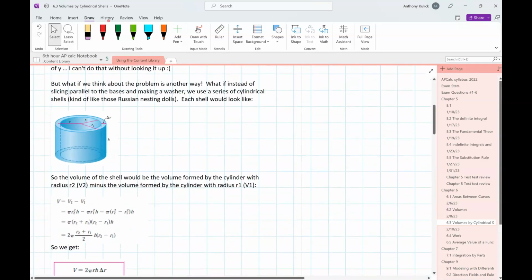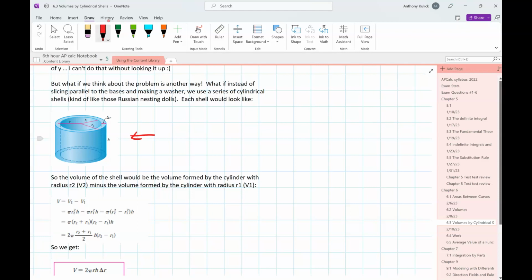So this is our basic shape for our shell. The volume of that shell is going to be the volume of the outer cylinder minus the volume of the empty cylinder in the middle, right?